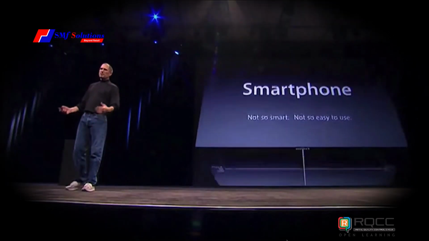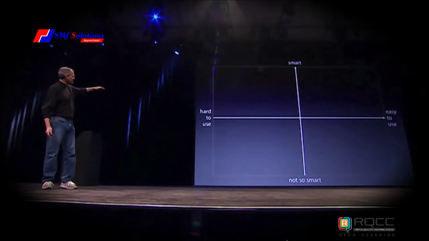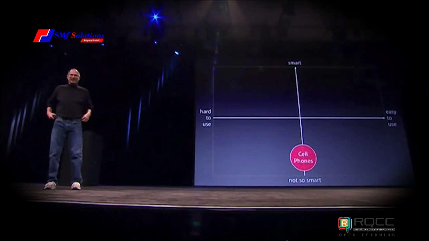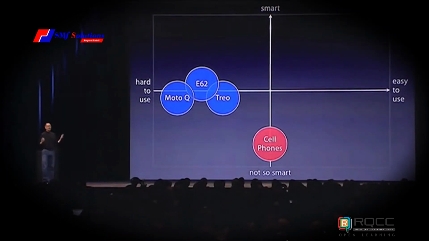So if you kind of make a Business School 101 graph of the smart axis and the easy to use axis, regular cell phones are kind of right there. They're not so smart, and they're not so easy to use. But smartphones are definitely a little smarter, but they actually are harder to use. They're really complicated. Just for the basic stuff, people have a hard time figuring out how to use them.